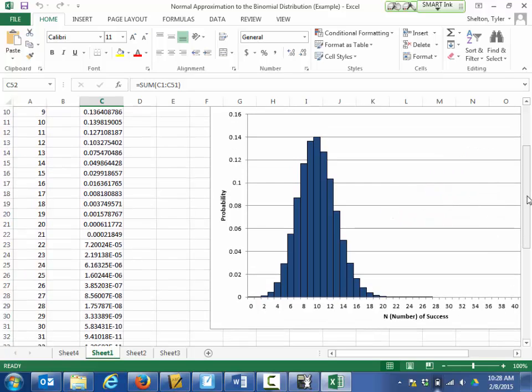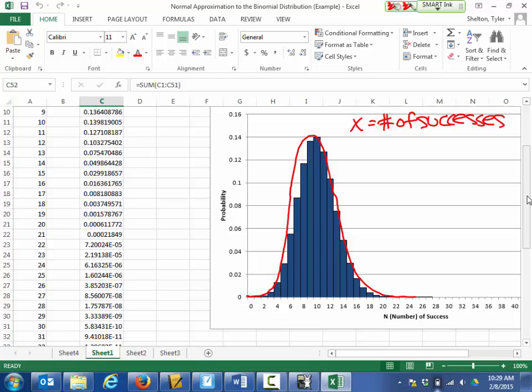Okay. Now the only difference, we know the normal bell curve is smooth, but this is pretty close. Yeah, it's got these jumps from bin to bin, but still you can essentially approximate your binomial model with a normal bell curve here. And the parameters just come from the binomial distribution.